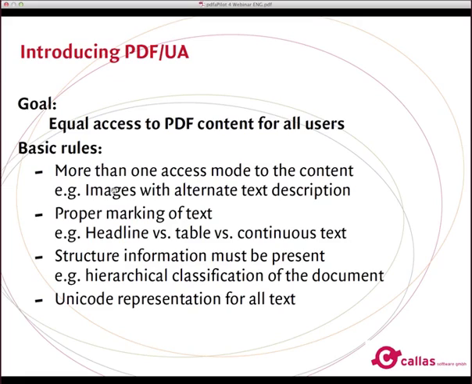So for instance, an image should not only have the appearance of the image, but also an alternate text description, so that a screen reader could read aloud what this image is about. All the rules are basically in order to make sure that a screen reader program that would automatically read the content of a PDF file can give good results to people that cannot read the content.